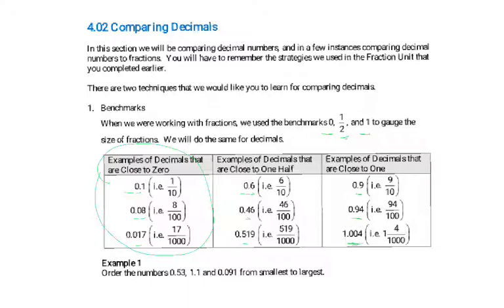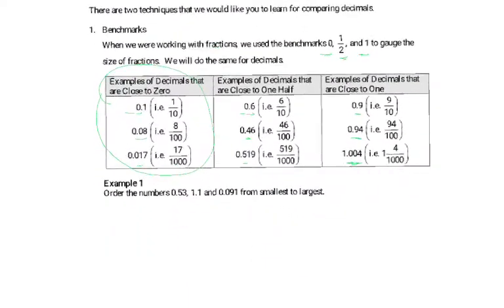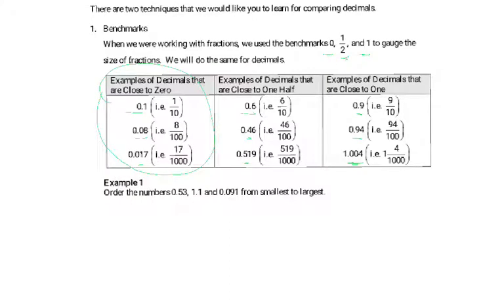So if we look at this first example here, where we're ordering these three numbers from smallest to largest, we can take a look at them and just think through which one is close to 0. And you can see that this last one, 0.091, is close to 0.